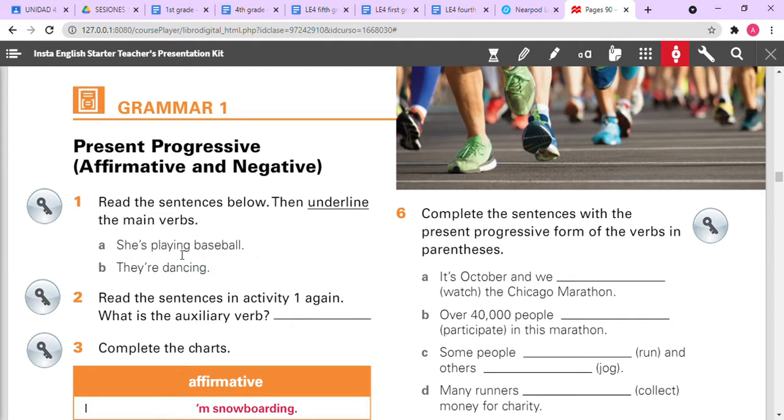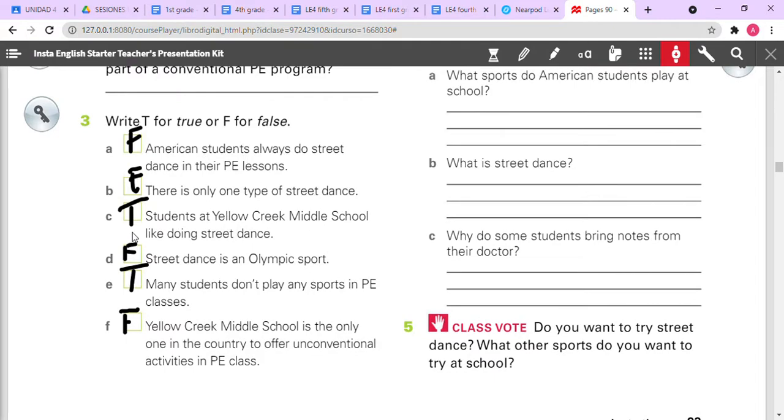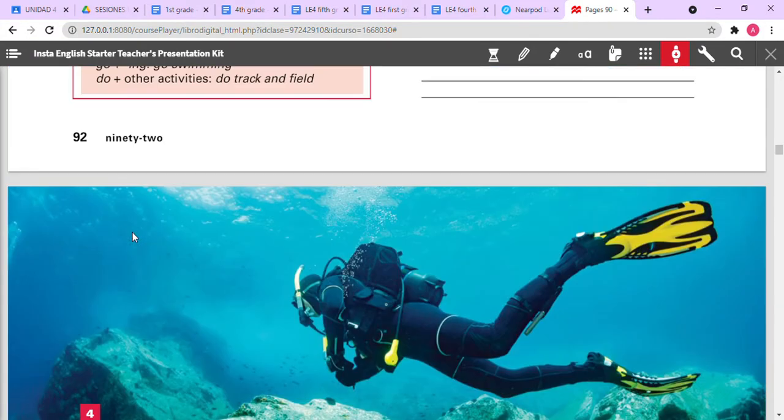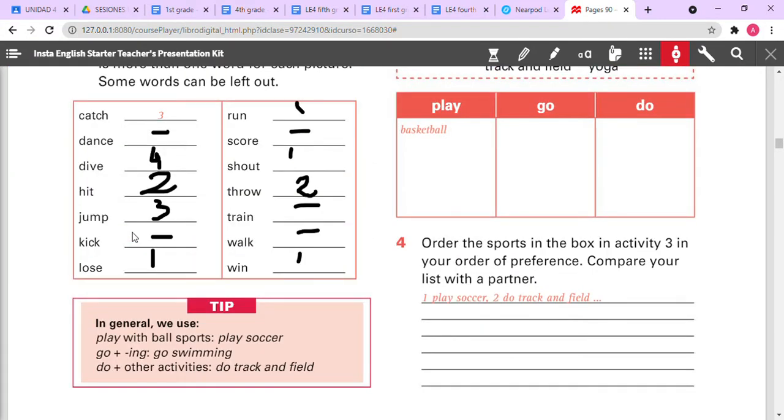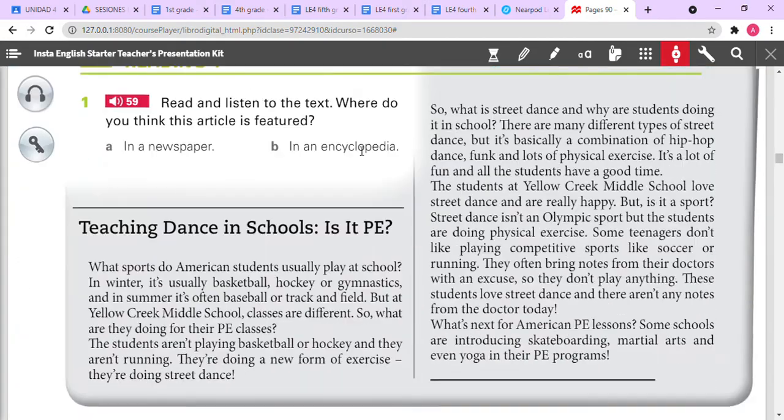So, can you see something different from the verb you know? For example, if we check our previous class, we have play, go, and do. We have catch, dance, dive, hit, jump, kick, lose, run, score, shout, throw, train, walk, and win. Let's focus on this one, play.